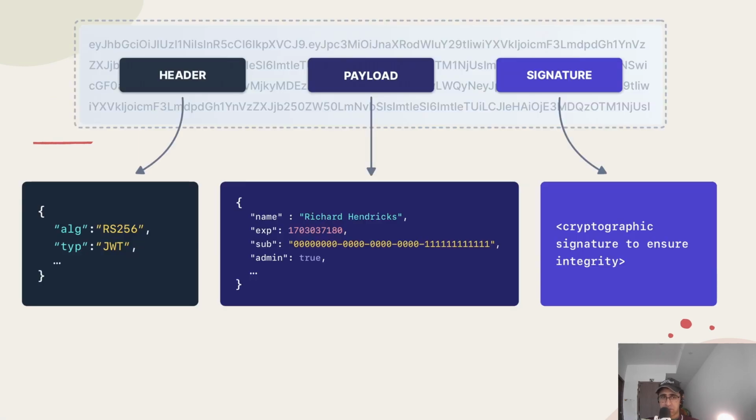There is a lot of different information that we can include inside the payload, like the subject, the name, some IDs, but it's critically important not to include sensitive information like a password. Of course, there are other sorts of information or claims that can be attributed to the payload, like the time of issuance, or the expiration time when this JWT is supposed to expire and become obsolete.